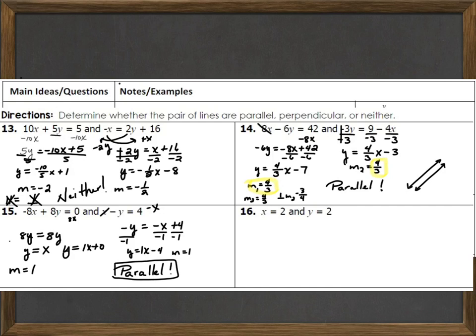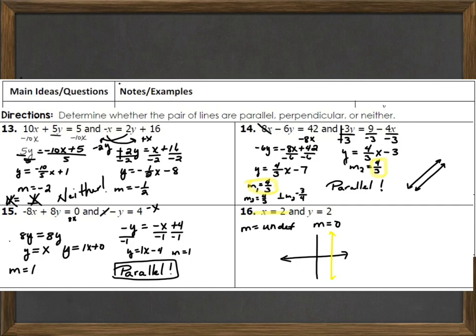Okay. And our last example, we have x equals 2 and y equals 2. Well, this is one of those cases where the slope is undefined for x equals, and the slope is 0 for y equals. But we know if we graphed these, I'll do this one in yellow, x equals 2 would be right here.